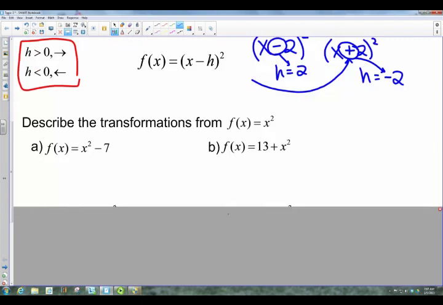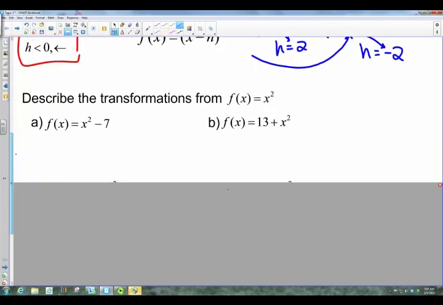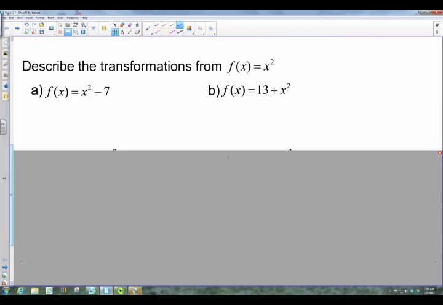So for this first one, we're just going to describe the transformations from f of x equals x squared. So you look at your example. First example is f of x equals x squared minus 7. So that minus 7 is on the outside. It's less than 0. So what is happening with this function is our graph would be moving down 7. And that's all you've got to do when it asks you to describe. Okay, the second one, you've got f of x equals 13 plus x squared.